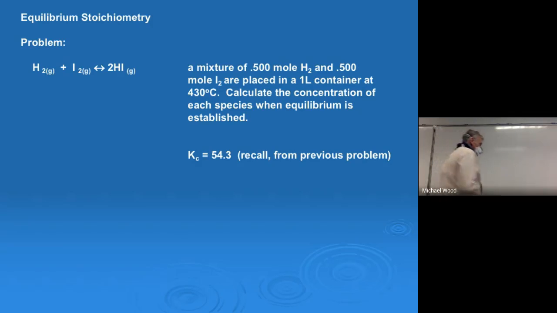Okay, so here's my reaction. So I've got H2 plus I2 makes 2HI. And we're told K, just like it says here, 54.3.